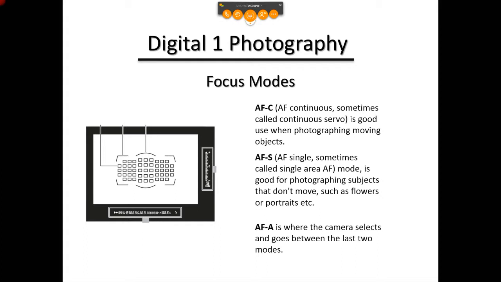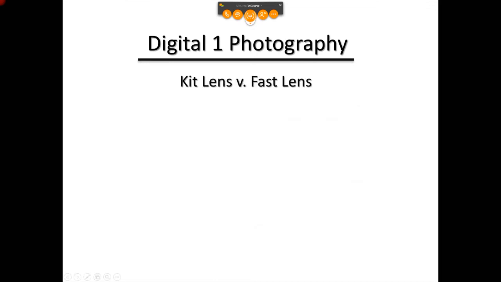So basically, by keeping it in the center, focusing, and then recomposing your photo, you can go ahead and use a single focus point in that way. Works just the same, but basically what you're doing is you're half pressing the shutter to get your focus on the person's eye, and then you're just recomposing your shot to what you needed originally.